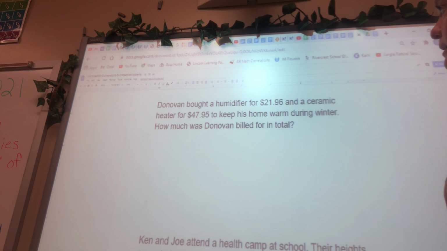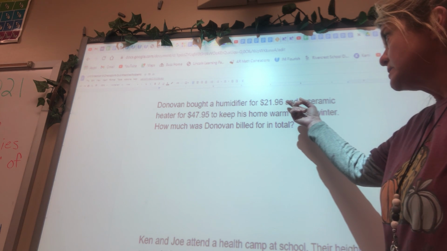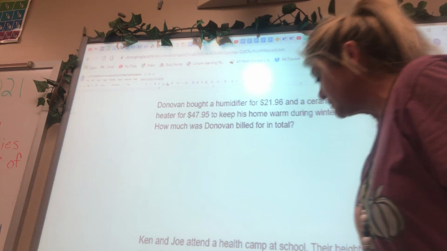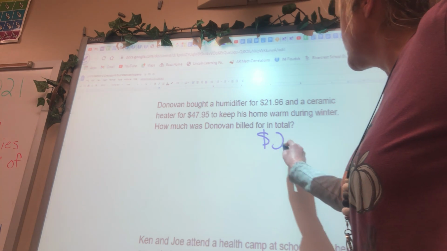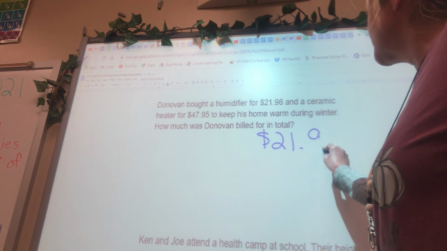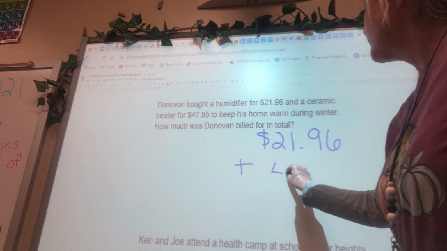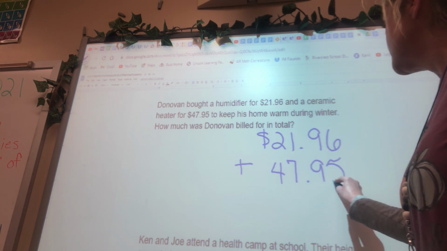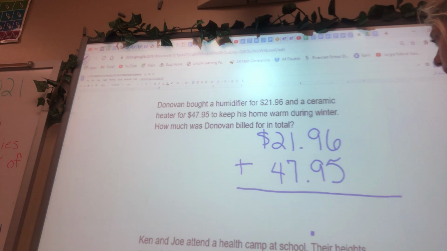Well, if he's doing this price plus this price, then we know how much he was going to have to pay in total. So we have $21.96 plus $47.95. We would line that decimal up.